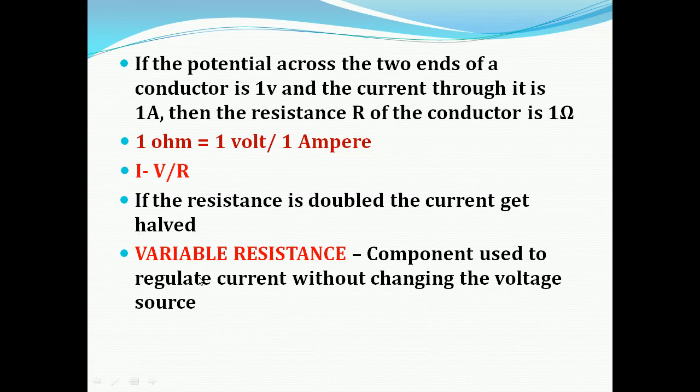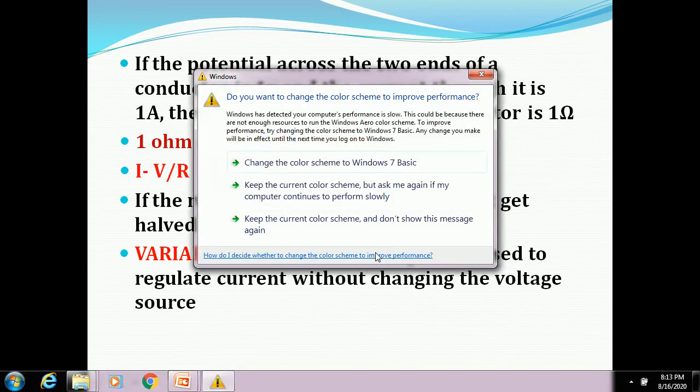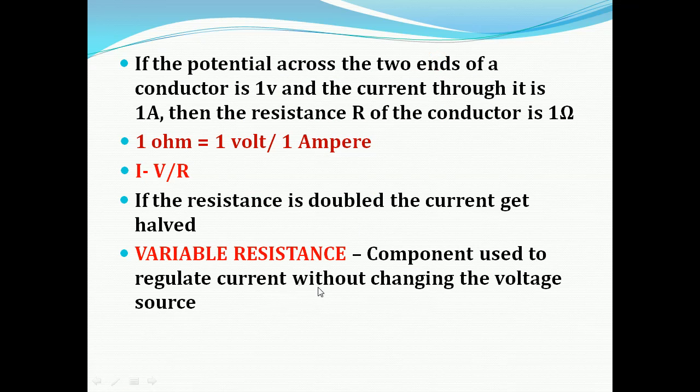So what is meant by variable resistance? Variable resistance is the component used in an electric circuit to regulate the current without changing the voltage source. In practical work, we have to decrease or increase the current.